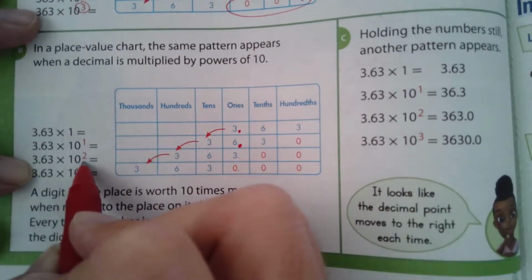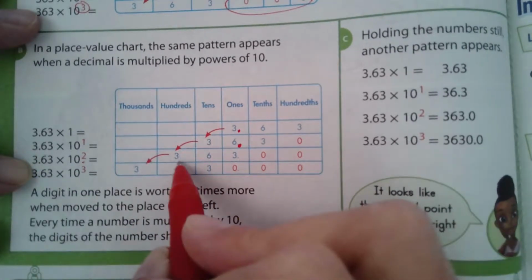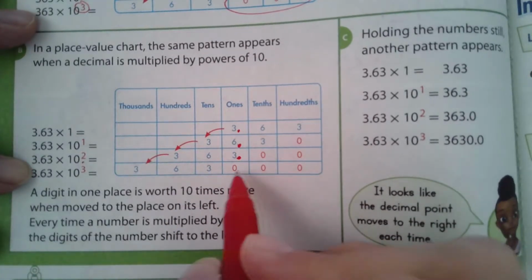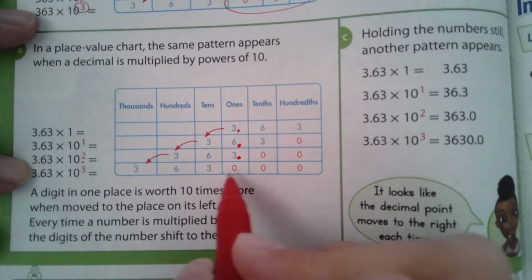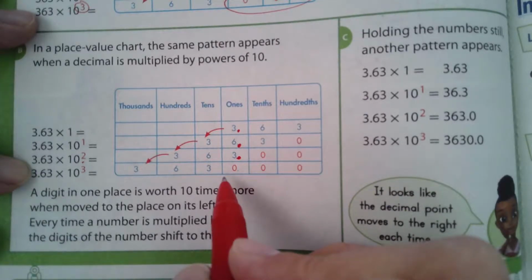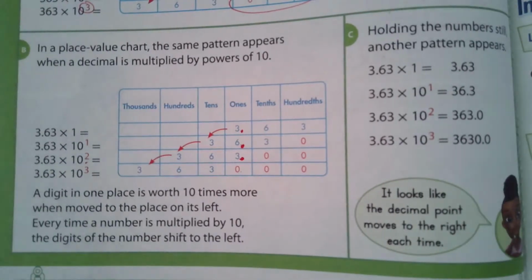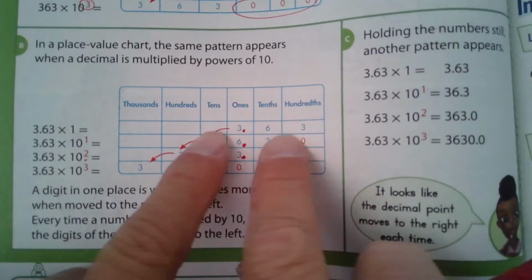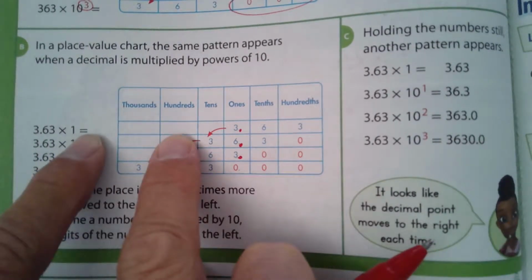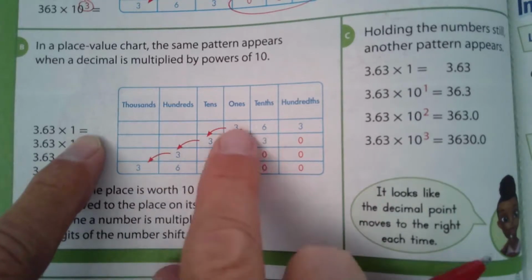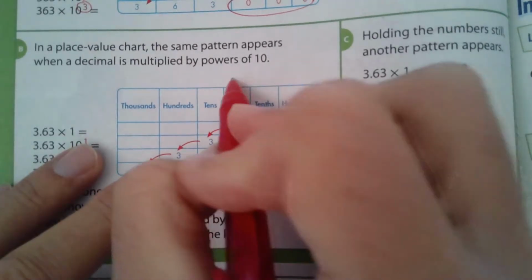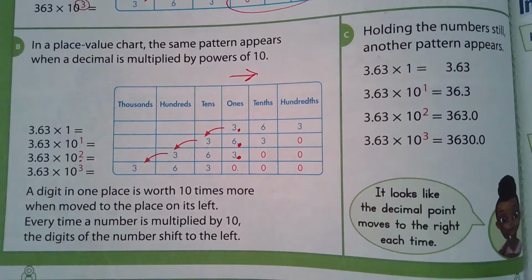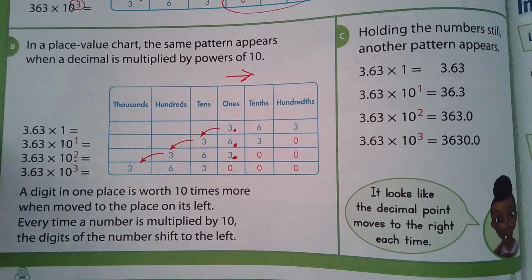Multiply it by 10 squared, it's now 363.00. So they're adding the zeros, and you're moving the decimal. In this one, they're shifting the number this direction because we're making the number larger. So they just did it a little bit differently than what I explained before. Okay?